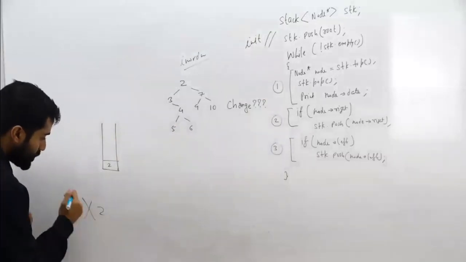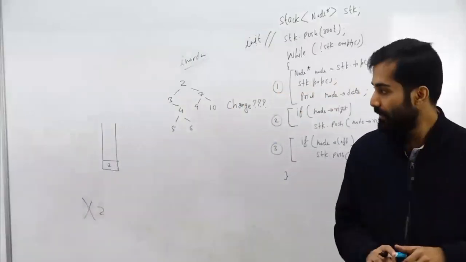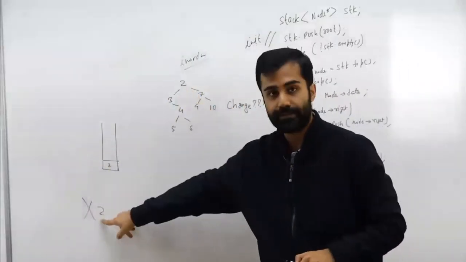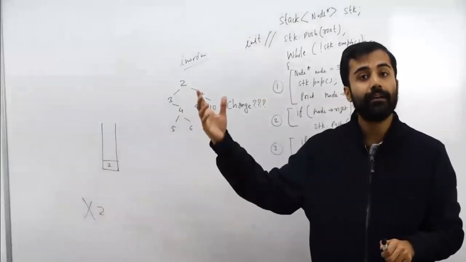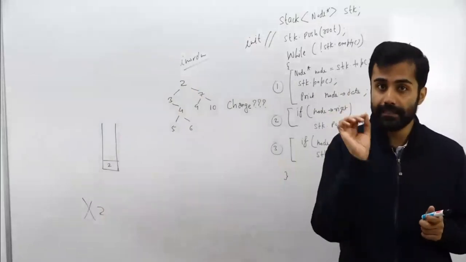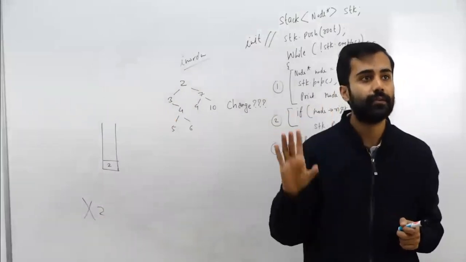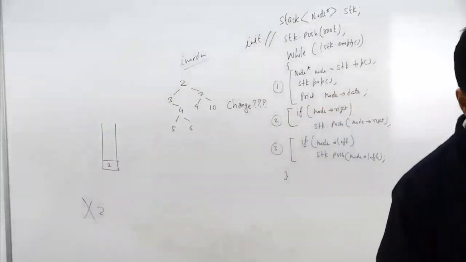This very step is wrong when thought with respect to in order, because in order, you don't print the root first. You print the root only after you have printed the left subtree. So here I don't have the liberty to print whatever is at the top. This is the first thing to understand. Is that making sense? Yes or no?